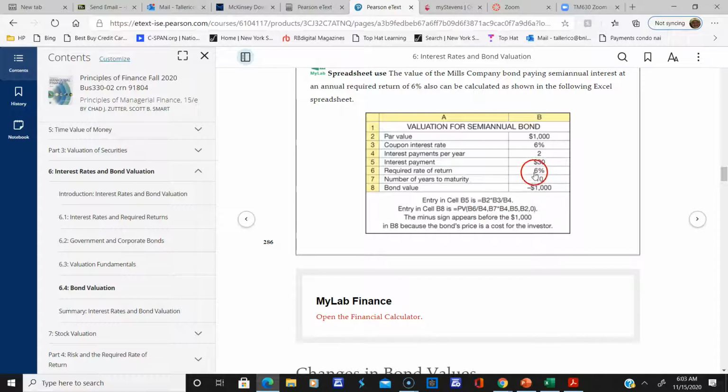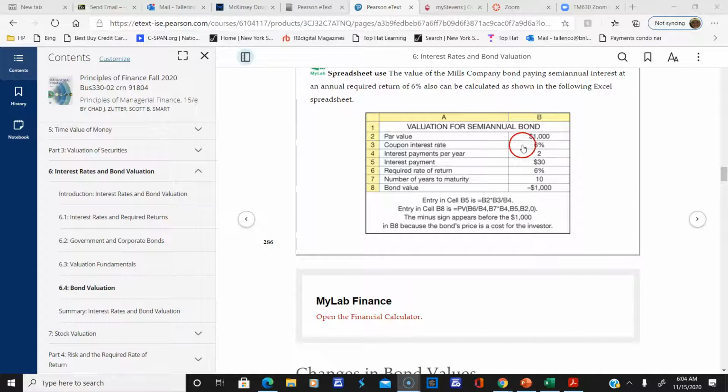B6, B4, B7, B4, B5, B2, and finally 0 because the payments are at the end of the period, okay?